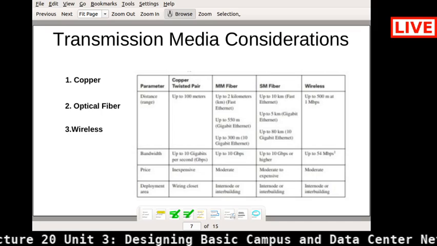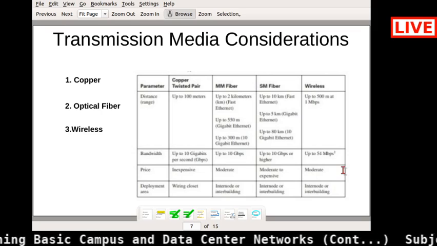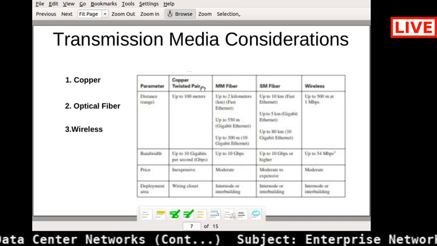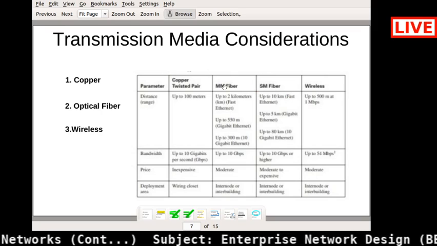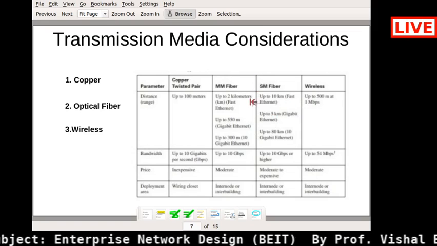Then if you consider the optical fiber, there are two types: the MM fiber and the SM fiber. The MM fiber is nothing but the multi-mode fiber, and SM fiber is nothing but the single mode fiber.